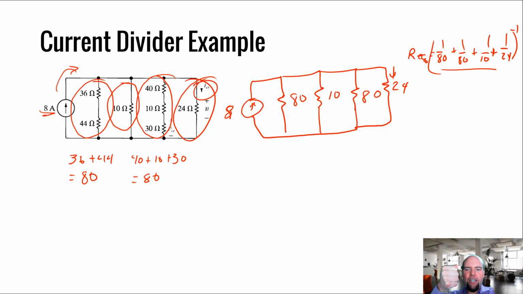If I bent the wires around and bent them in different directions, would that matter? No, it's going to be the same thing. So things in series, branches in parallel, we can switch the order and it doesn't change things. Okay, anyway, we found this REQ. I'm going to do the math really quick here on the old trusty HP.